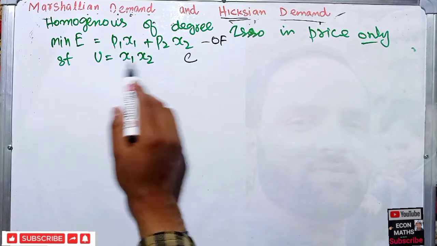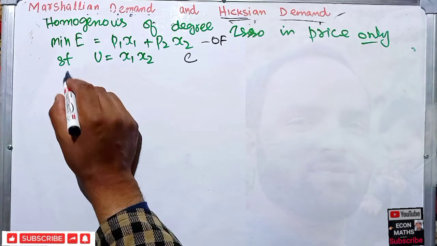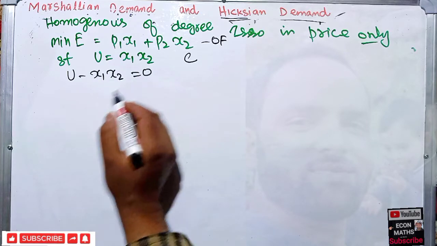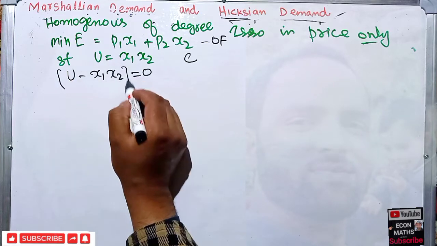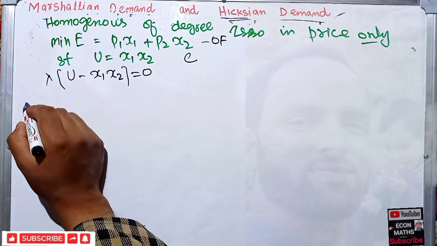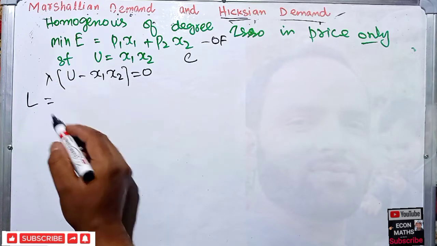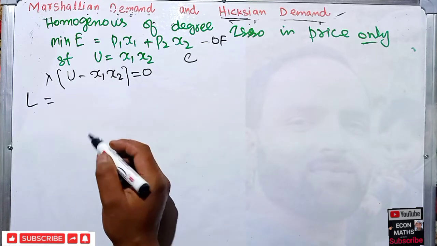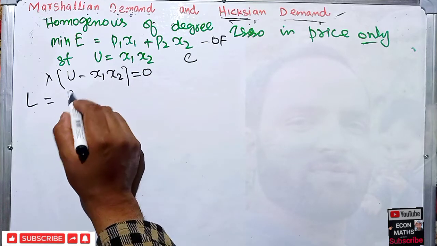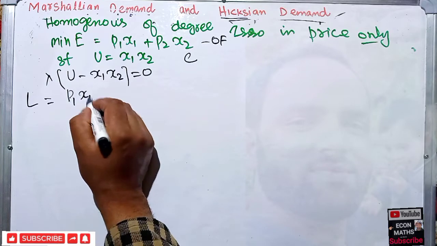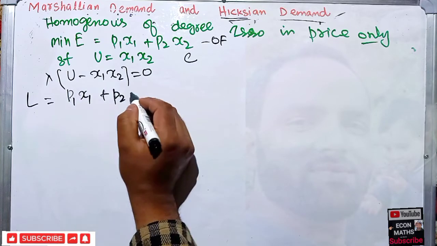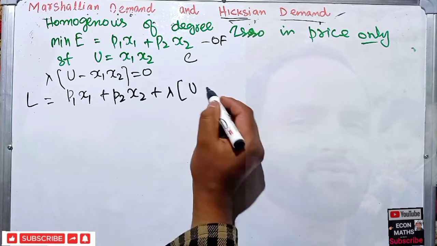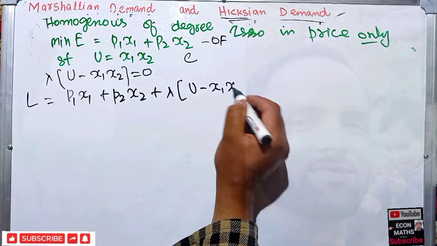First we set this constraint equal to 0, that is u minus x1 x2 is equal to 0. After that we multiply it by lambda, and then we form the Lagrange's function by adding the objective function and this resulting constraint function. So this will become p1 x1 plus p2 x2 plus lambda times u minus x1 x2.